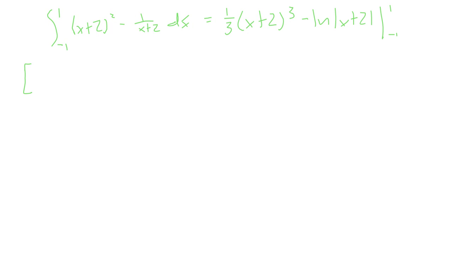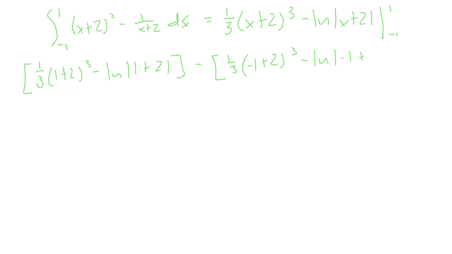So we can get 1/3 times 1 plus 2 cubed minus the natural log of 1 plus 2, minus 1/3 times -1 plus 2 cubed minus the natural log of -1 plus 2.